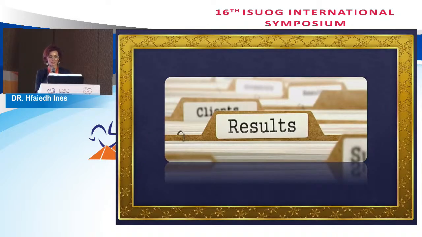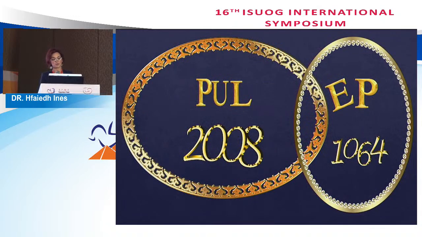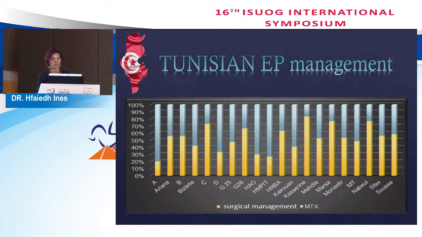So, our results. We had collected 2008 pregnancy of unknown location files, in which we had 1,064 ectopic pregnancies treated. Here, both surgical and medical management are being used in all Tunisian departments.